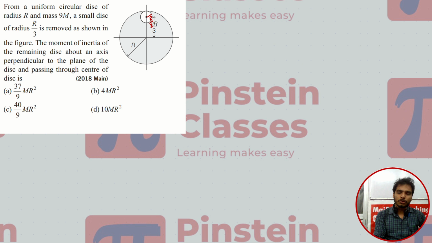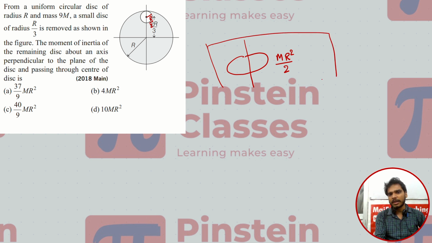To calculate this moment of inertia, we know the moment of inertia of a disk is nothing but m r square upon 2. This is our general formula.